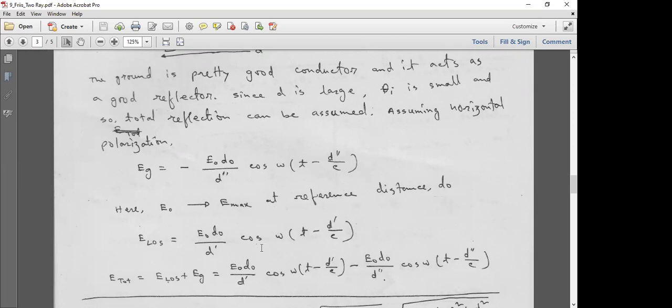If we consider a sinusoid, the signal, say for communication, you are sending some information, so the overall signal is non-sinusoidal, but you can split it into Fourier components, and each component is a sinusoid. So let us work with one of these sinusoid components. So you have cos omega (t minus d prime over c), where d prime is the total distance and the speed is the speed of light, c.